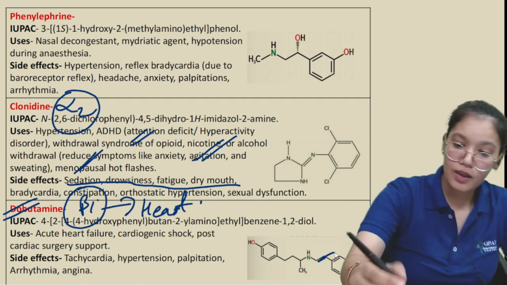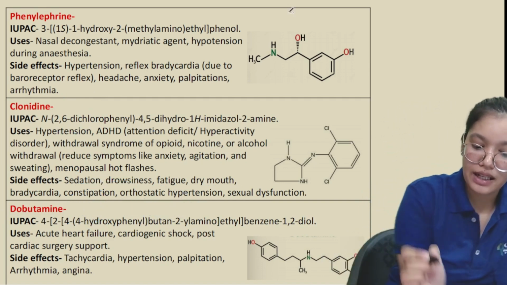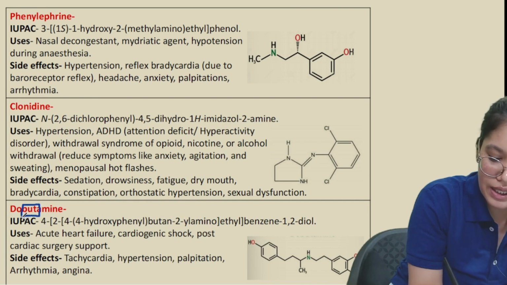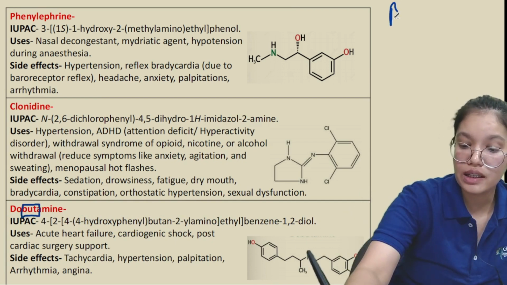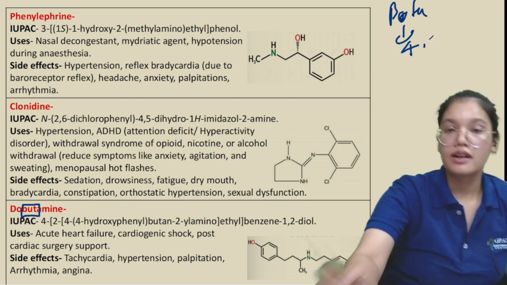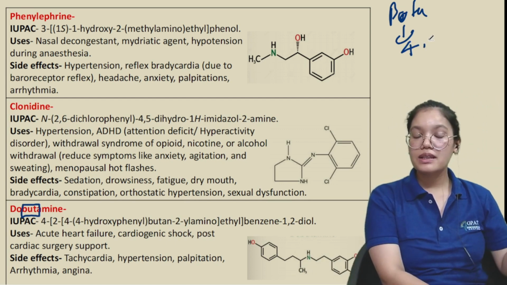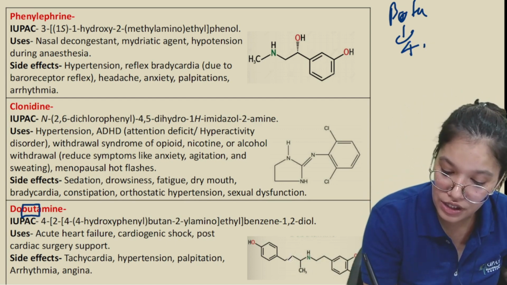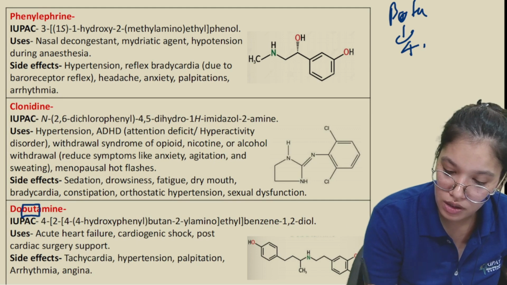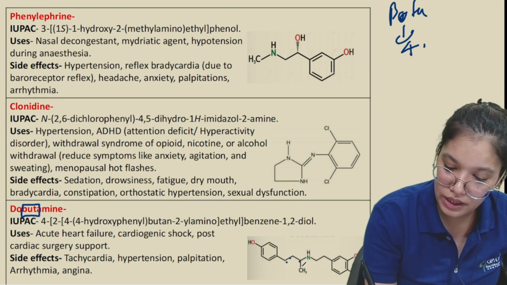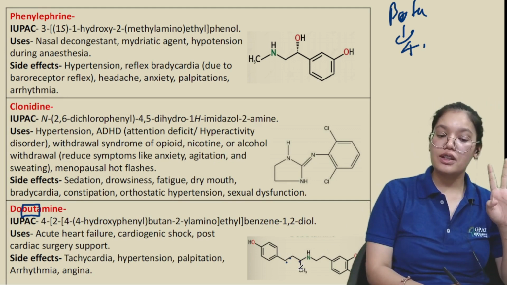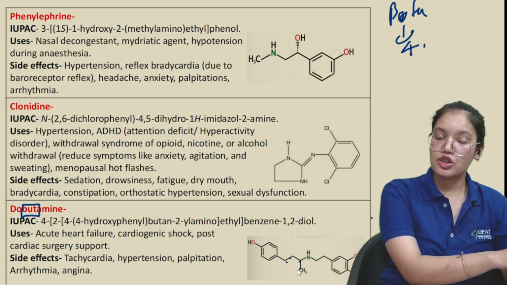From its name we can see it has 'buta' in it. From buta we can say butane, which means 4 carbons. So in its side chain we have a butane, 1, 2, 3, 4, a 4 carbon chain attached to the phenol ring.